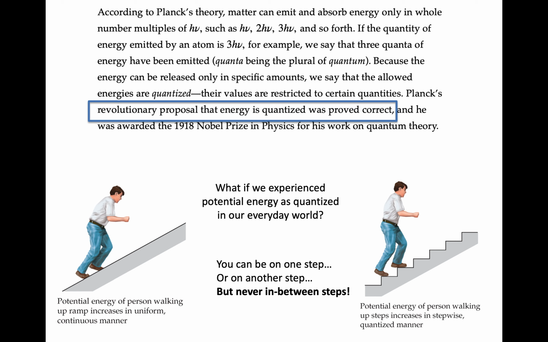So to say this is revolutionary, look at what this is saying. You can be on one step or the next or the next. You can be moving from one step to the other step, but in that moving, you are never in between. This is a bizarre idea. How can you be on one value or another value and another value, but never found in between? This is what it means to say the energy is quantized. Now, this is a crazy idea. In chapter 6, we're going to have a lot of crazy ideas.